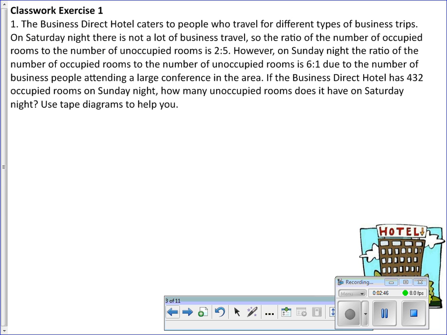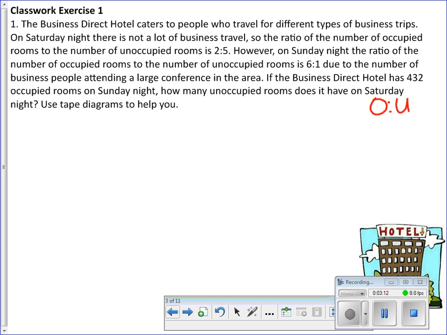So let's go back. What are the two things being compared? We're going to write our little cheat sheet over here in the corner. The number of occupied rooms to the number of unoccupied rooms. Occupied to unoccupied.